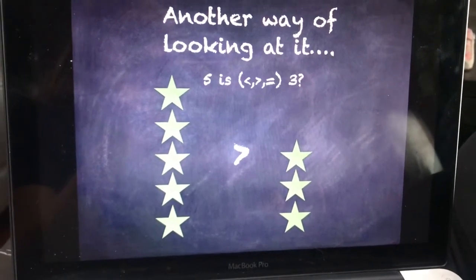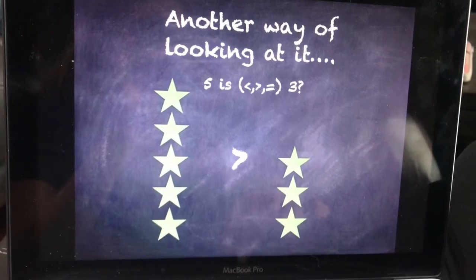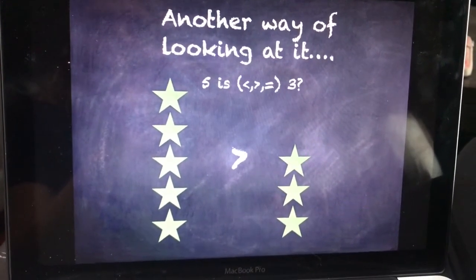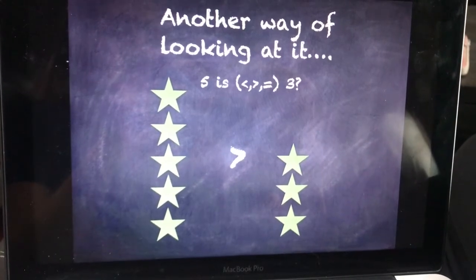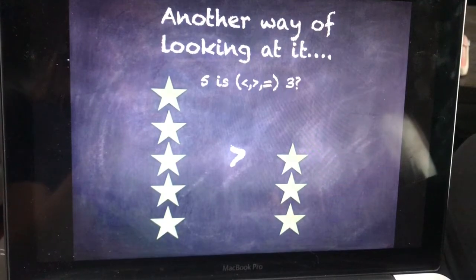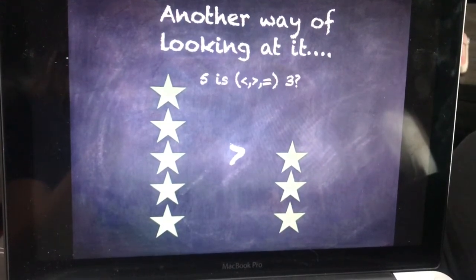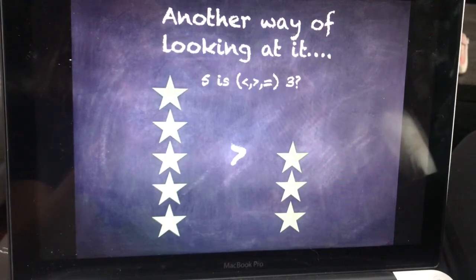Another way of looking at it is also remembering that an alligator's mouth is bigger than a bird's beak. I'm going to repeat that again. An alligator's mouth, look at the greater than sign. Do you see the alligator's mouth? Is bigger than the bird's beak.